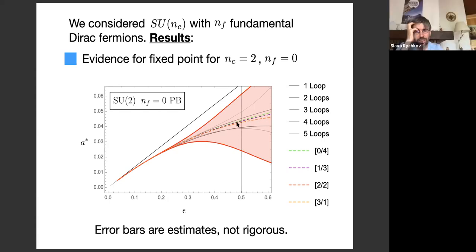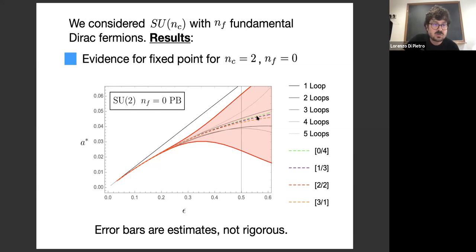Yes, in this case, it's true that if you look at all the central values of the different Padé approximants, and you more naively say that the error is given by the spread of the Padés, then it looks much smaller than our estimate. This error also includes basically all the perturbative results, even though the central values of the Padé are much better behaved than the perturbative results.